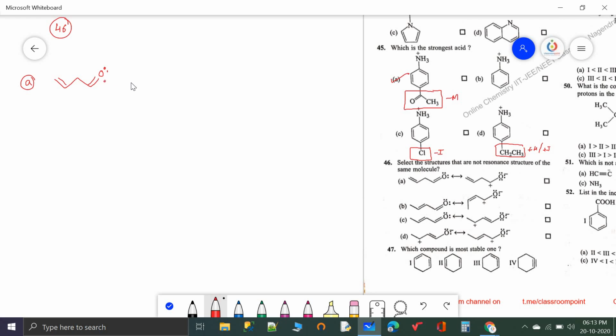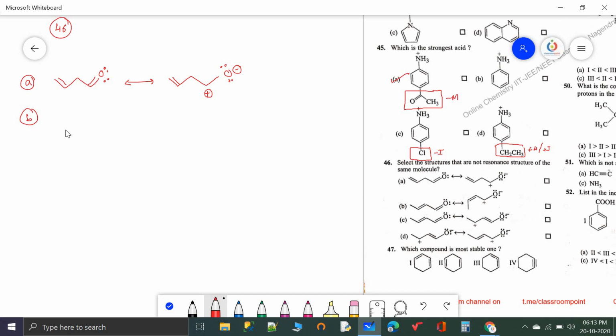The given molecule is like this here. It is in resonance with this. They were saying that these are resonance structures. Whether they are correct or not, these are correct. Why? Because this pi bond can be written as plus and minus. This is the resonance structure of these two, each other.